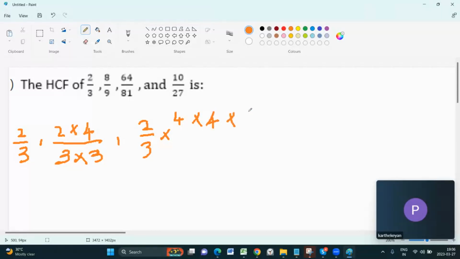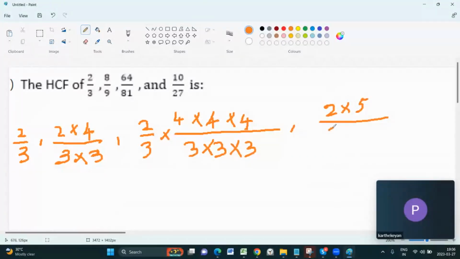Just divide. I am just splitting that. I am just trying to maintain this 2 by 3 in all cases.